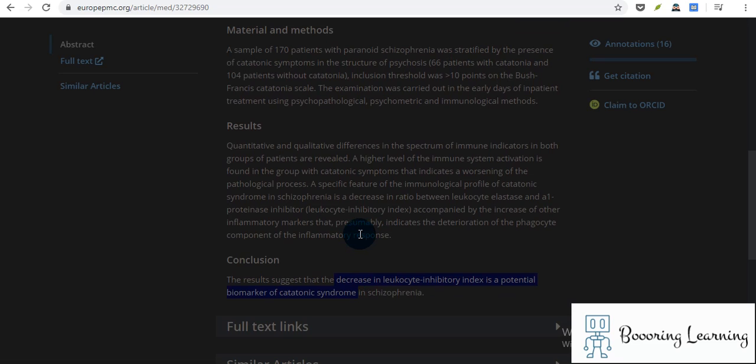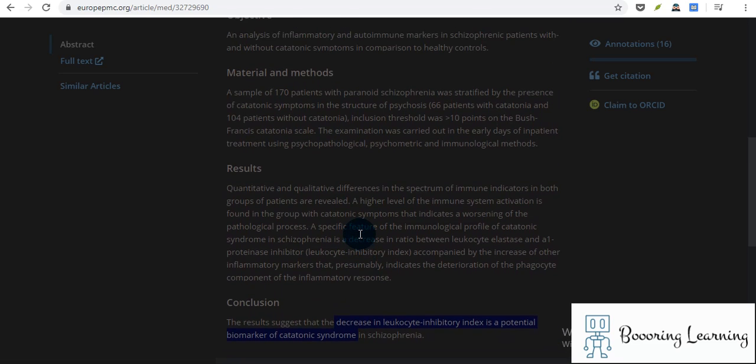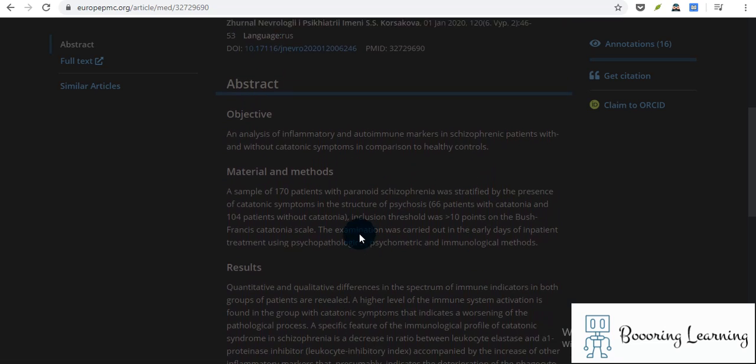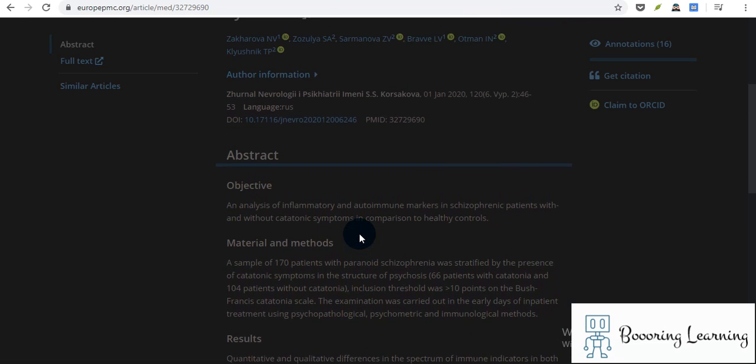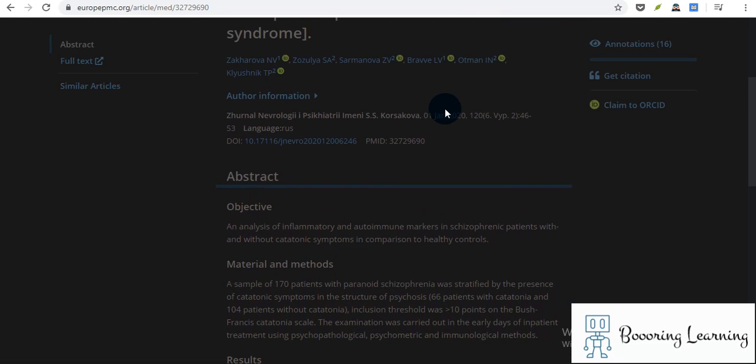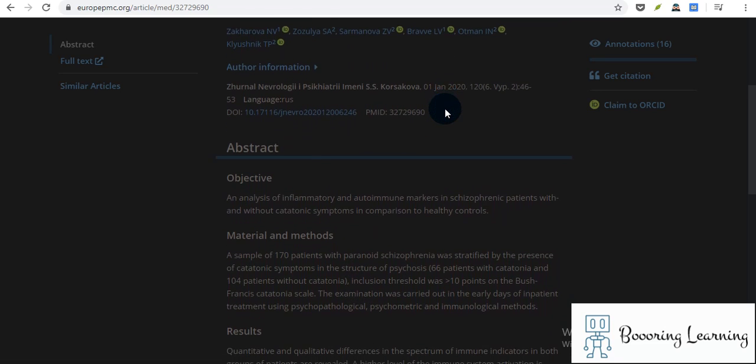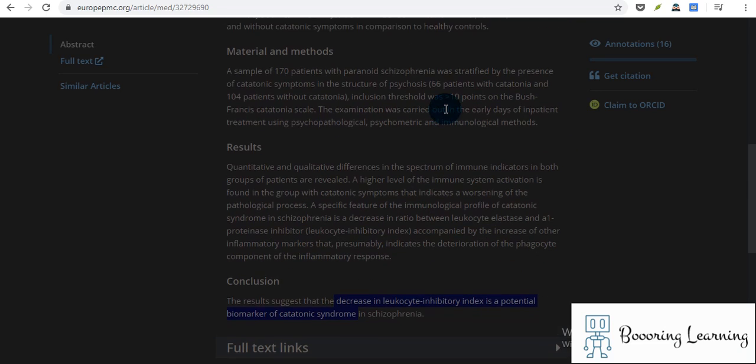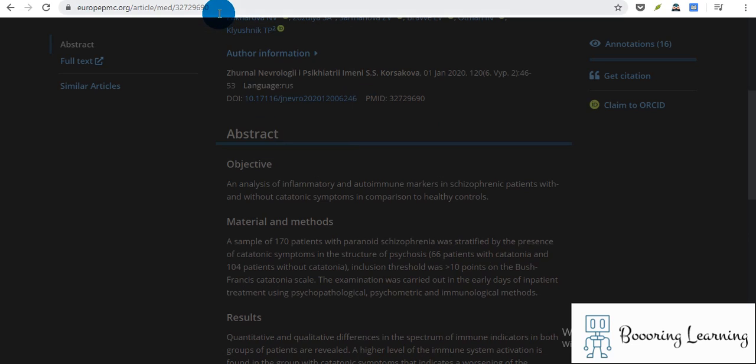But still the study is quite important and interesting, and seems to be original and published in 2020, and you can reach this article by this link.